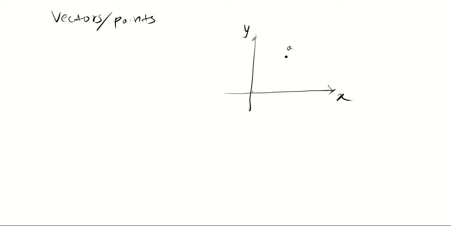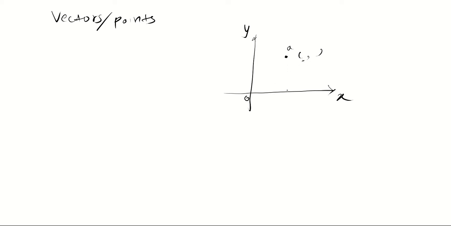So now I want to know the distance of that point A from the origin. How do I calculate that? I have two axes, and this is a 2D coordinate system. So this point A will represent two values. What are these two values?